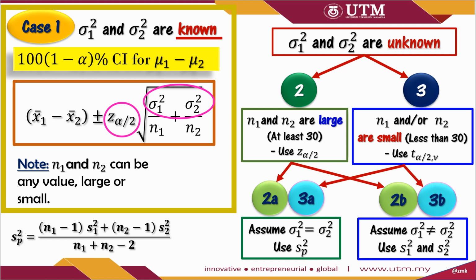Whereas in case 3b, which is similar to case 2b, the unknown population variances sigma 1 squared and sigma 2 squared are assumed to be unequal. Again, in this case, we estimate the unknown population variances by the sample variances S1 squared and S2 squared respectively. That is, we do not use the pooled variance SP squared in case 3b.